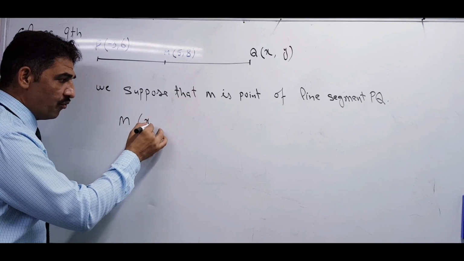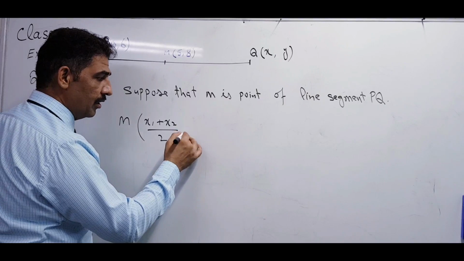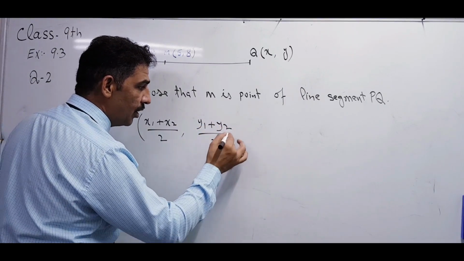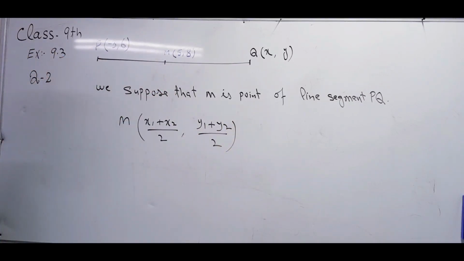Yes, x1 plus x2 over 2, comma, y1 plus y2 over 2. That is the midpoint formula.